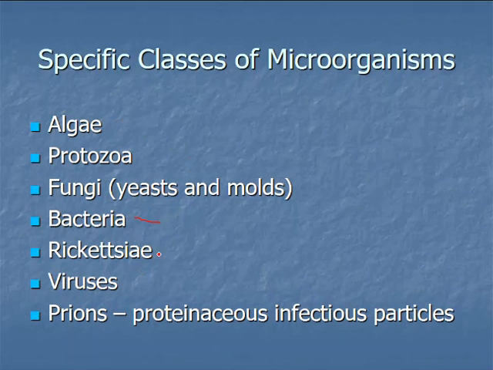And then the rickettsia, viruses and prions. Prions are kind of interesting, in that they're not made up of cells, they're made up of protein pieces. So anyway, kind of a cool one. We'll get to that in a minute, well, more than a minute, but anyway.